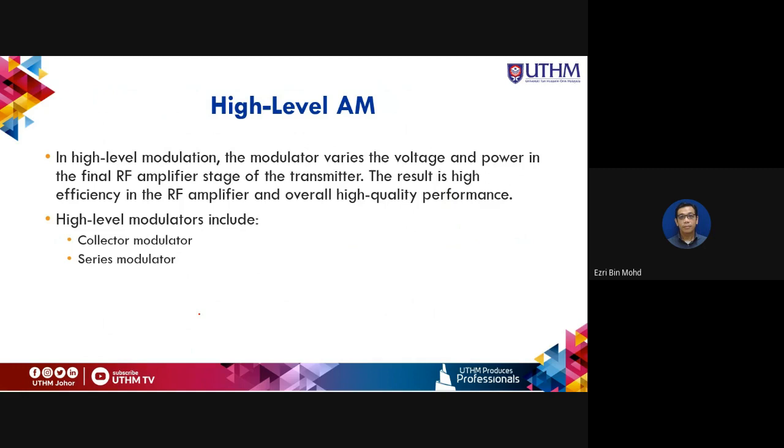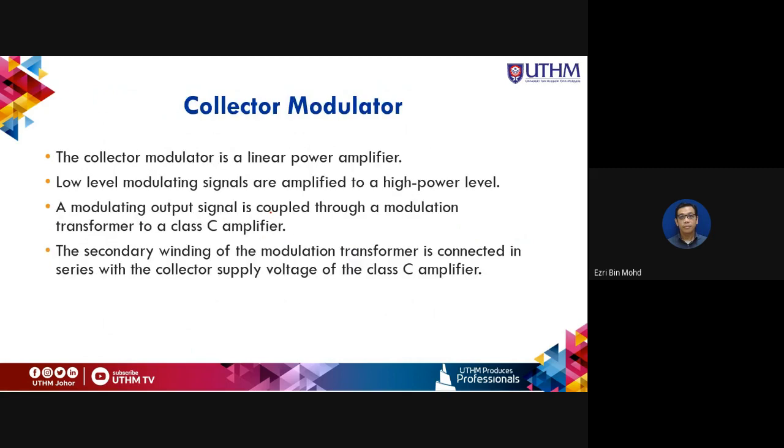Okay, in high level modulation, the modulator varies the voltage and power in the final RF amplifier stage of the transmitter. The result is high efficiency in the RF amplifier and overall high quality performance. So high level modulator can be divided into two types lah, which is collector modulator or series modulator.